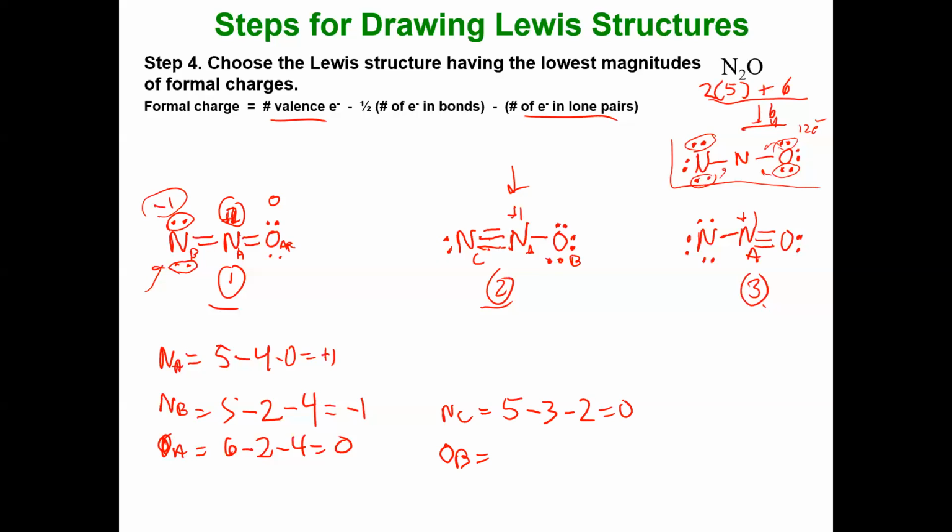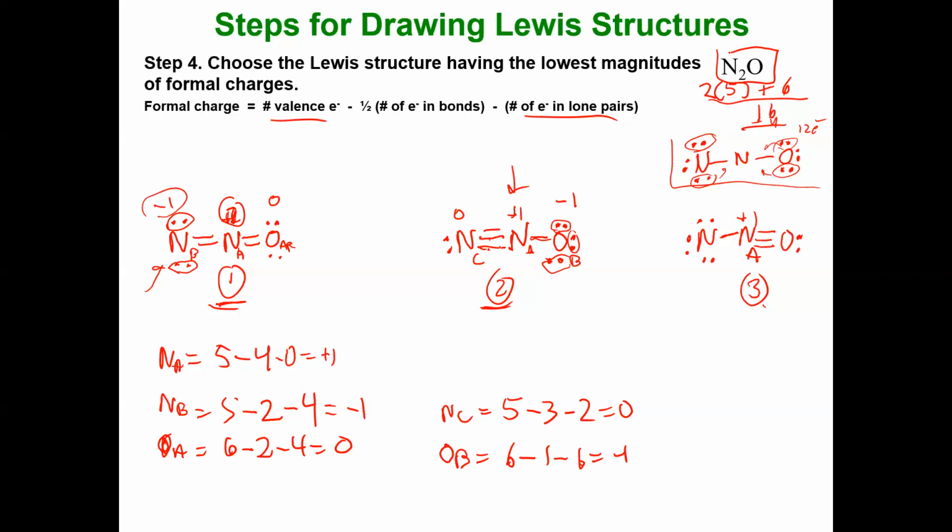It has a 0 formal charge. Then I go to this oxygen. We've done this one before with the carbonate. It has 6 valence electrons, 1 bond, and 6 electrons in lone pairs. So it has a -1. Just like structure number 1, number 2 cancels out to 0 as well, because dinitrogen oxide is neutral.